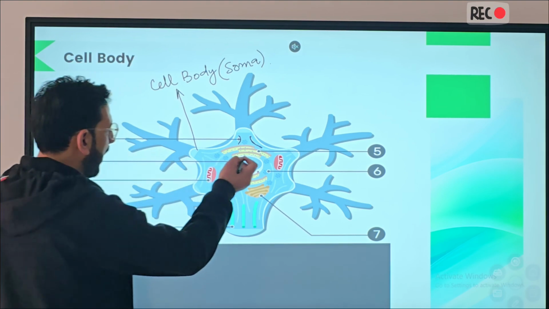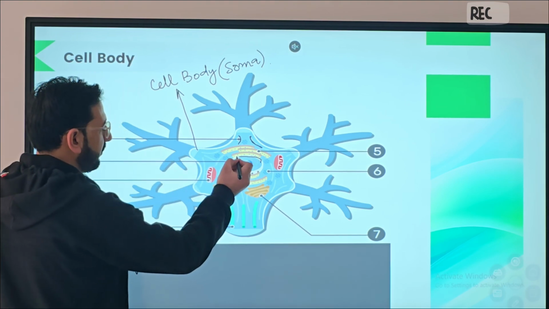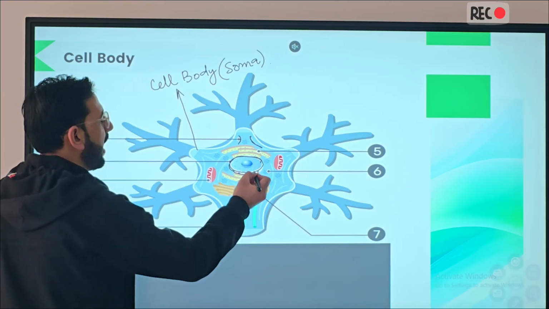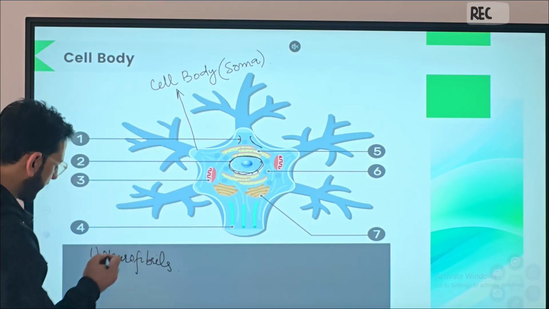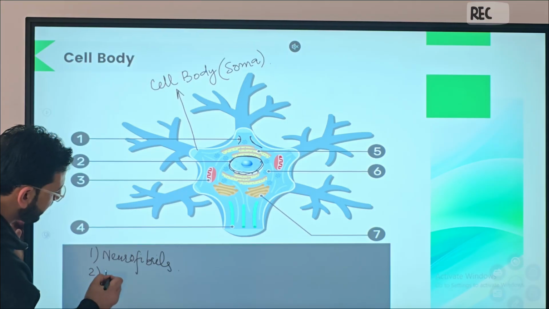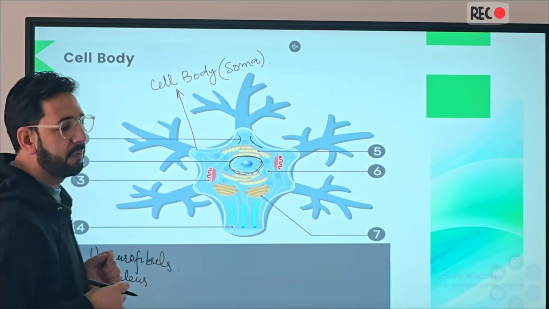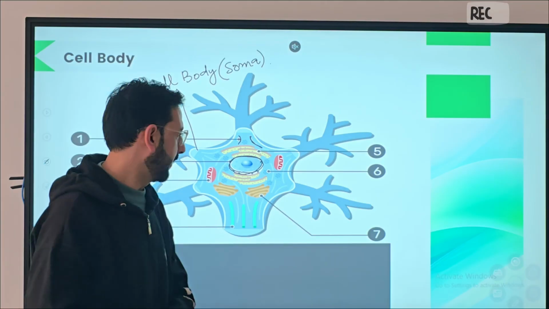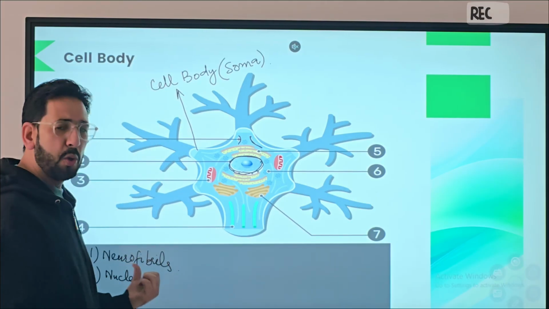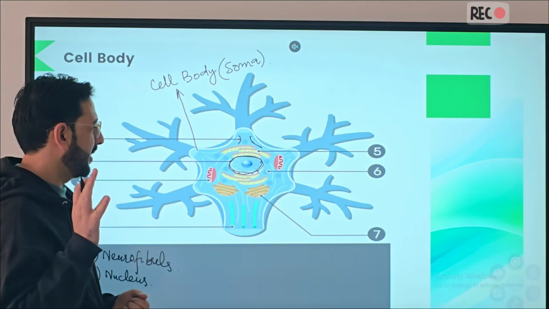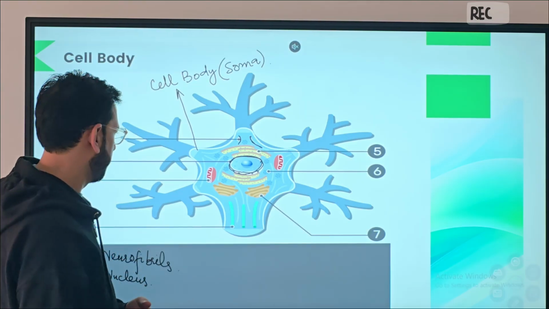Now, the second part here is this round, very important big structure, and this is called the nucleus. And this nucleus is the control center of the neuron. Okay, now as I've already told you, it is a euchromatic nucleus because it is involved in active transcription processes.